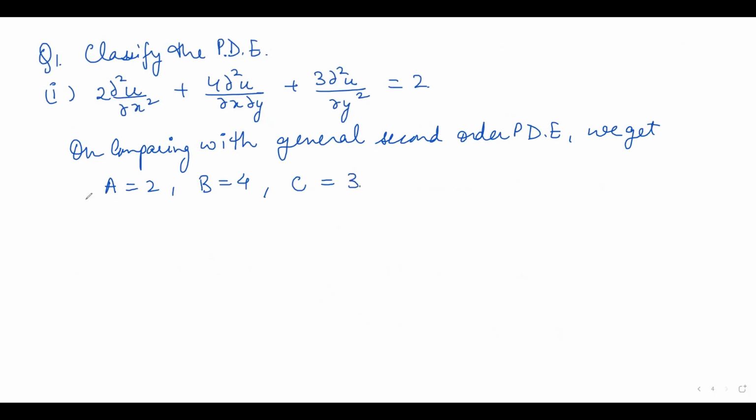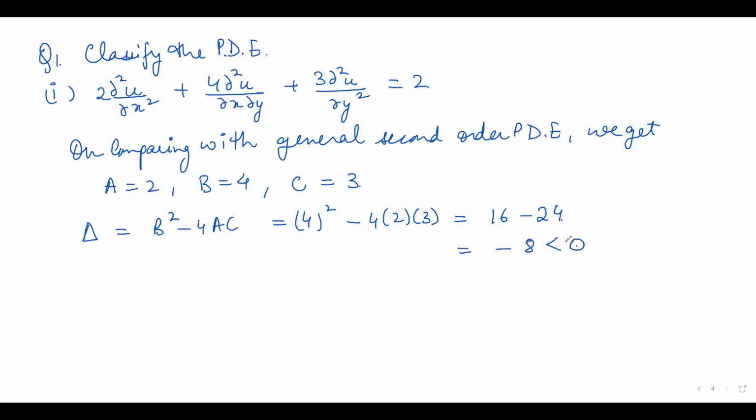Now we'll be calculating our delta, that is B square minus 4AC. So that's 4 square minus 4 times 2 multiplied by 3. So we are getting this as 16 minus 24. So that's equal to minus 8.